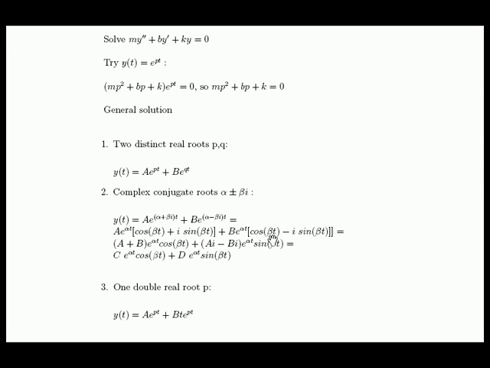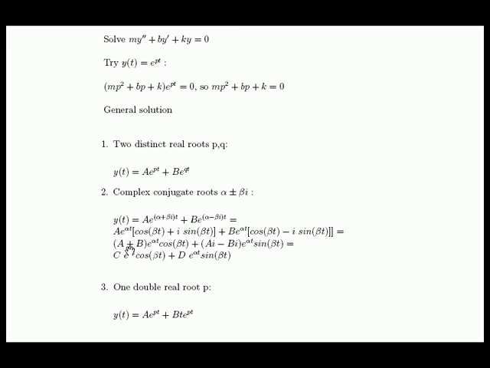Cosine of minus beta t is the same as cosine of beta t, so cosine's an even function. The minus just disappears. Sine of minus beta t is an odd function, so the minus comes out. Then you get the e to the alpha t cosine of beta t's together, and you have a plus b. Get the e to the alpha t sine of beta t's together, and you have ai minus bi.